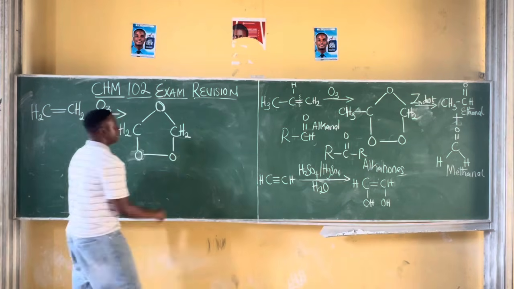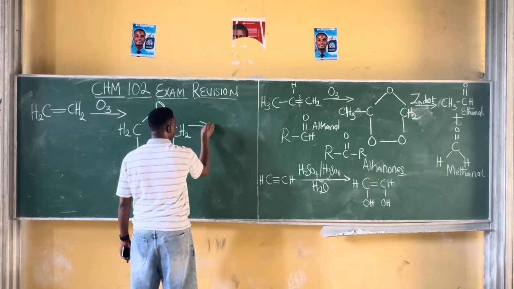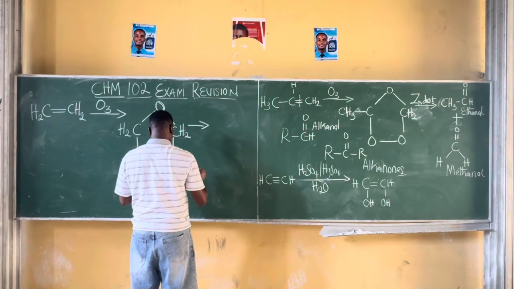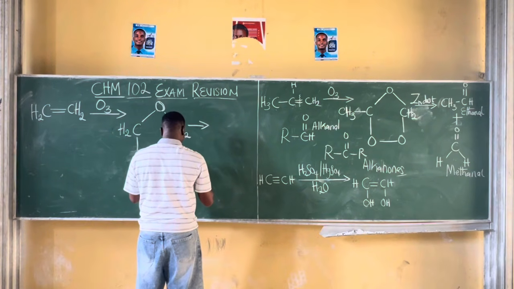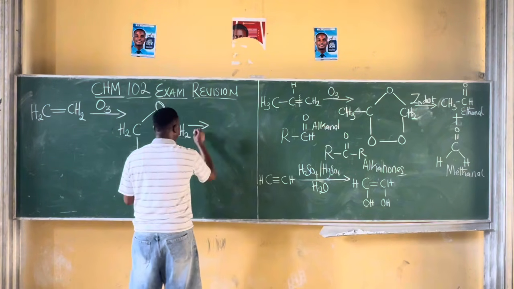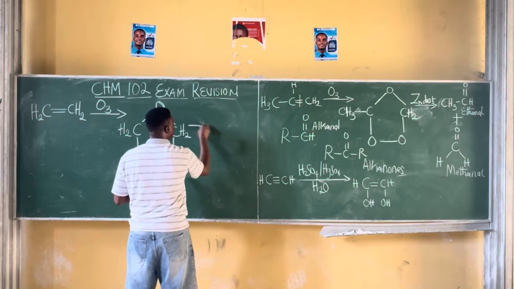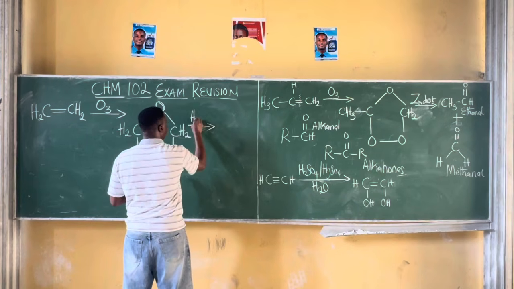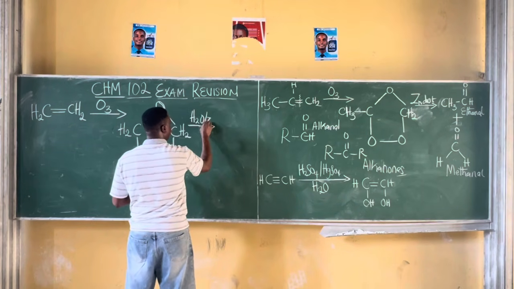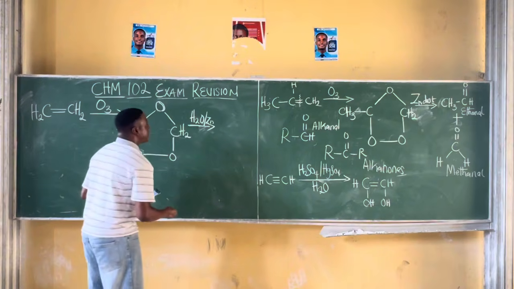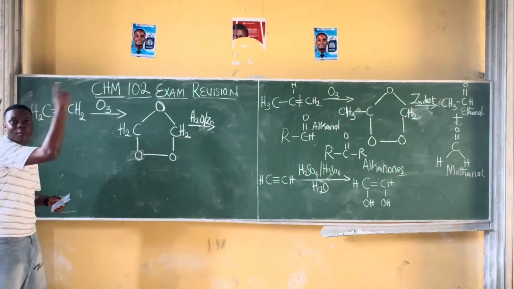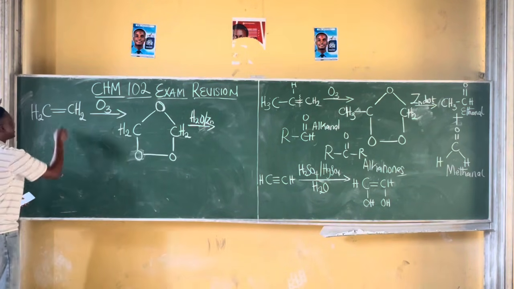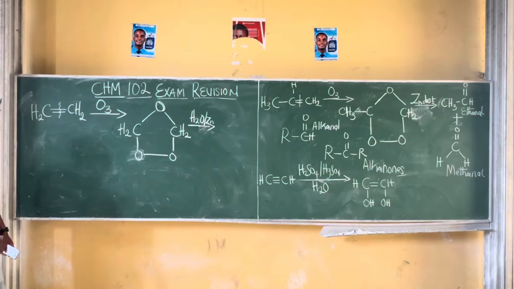Okay? Then the reaction further proceeds under what? Zinc dust, water and zinc dust. All right. Now, just like what I told you from the first problem, you can see that this thing we can cleave from here, right?